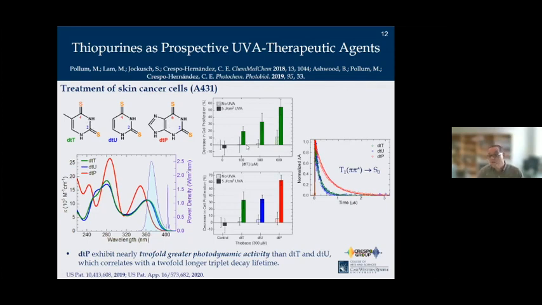The only correlation that we have found is that it's related to the lifetime of the triplet state. The longer the lifetime, and in this case it is almost twice as long as in the double substituted pyrimidine bases, the more effective the photosensitizer is against the skin cancer cells. And so we are continuing to explore those experiments.